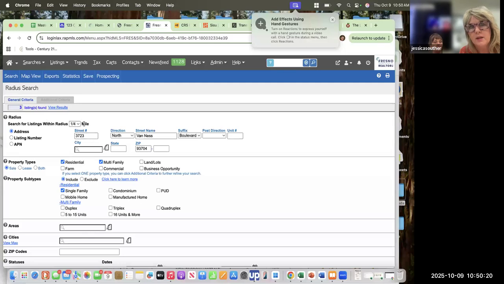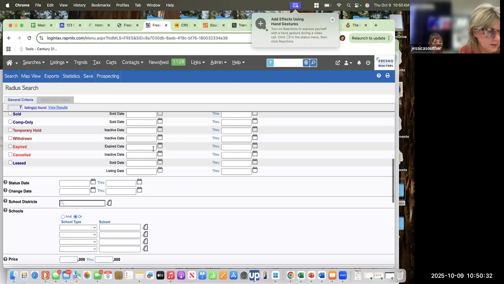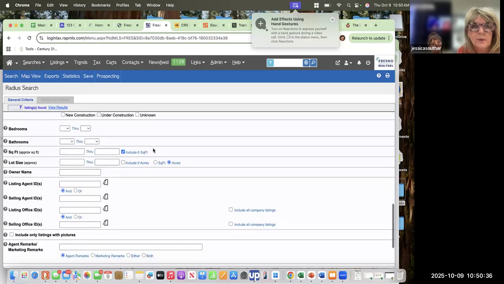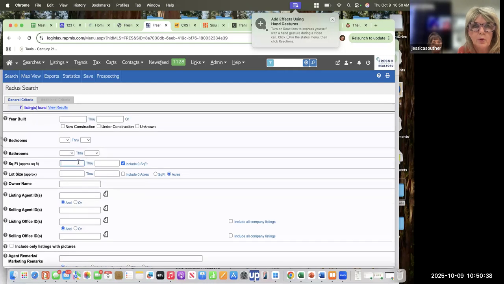I normally try to stick with the fourth of a mile, but 3 isn't going to be enough information for them. So let's go out a half a mile. And I know that this house is 2,000 square feet. So I'm going to put maybe 1,900 square feet to 2,100, because I think that's probably going to give me enough.